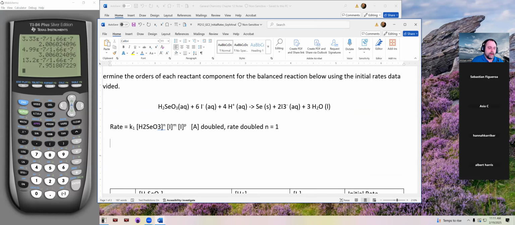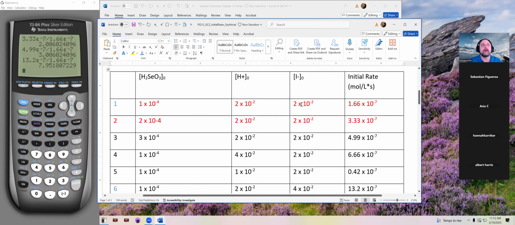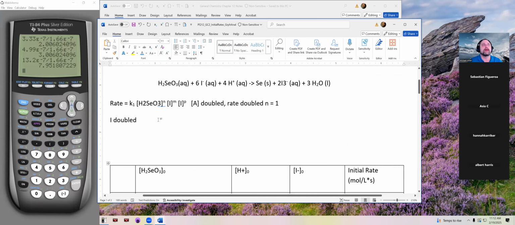When we did this, we doubled that, all right, because we went from 2 to 4. So that'll be double. And then we end up with the rate being 8 times.